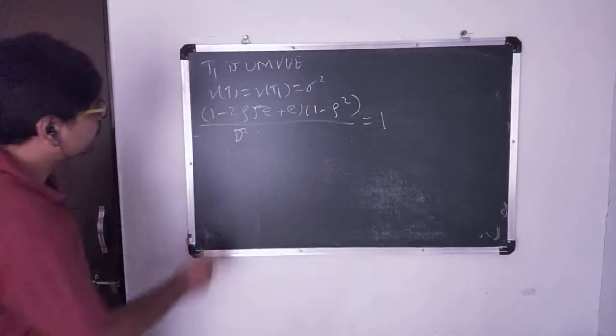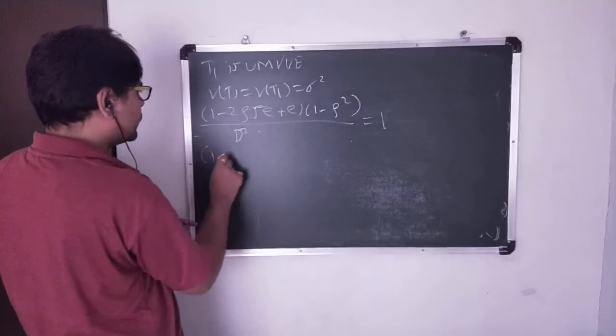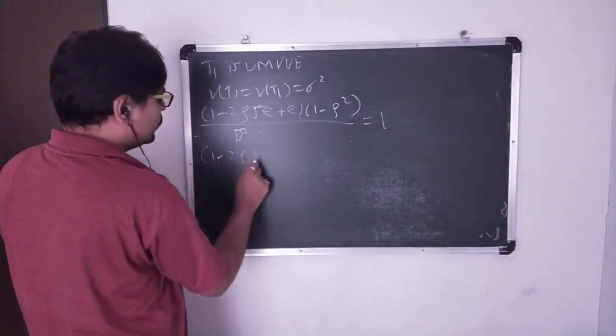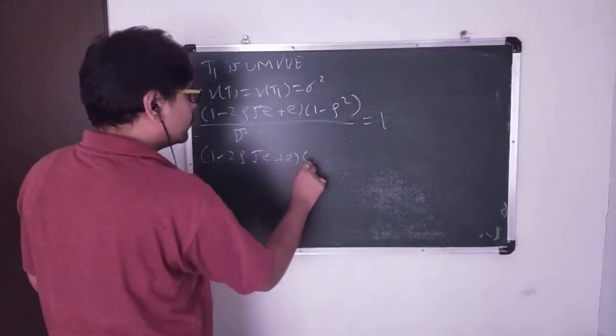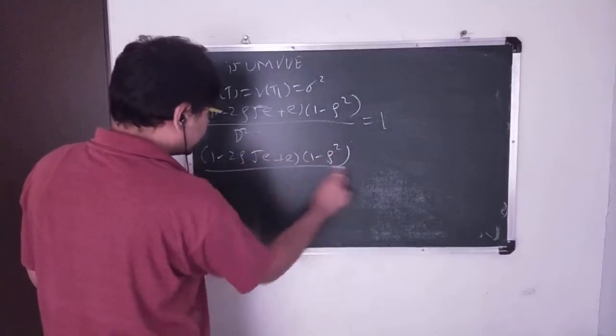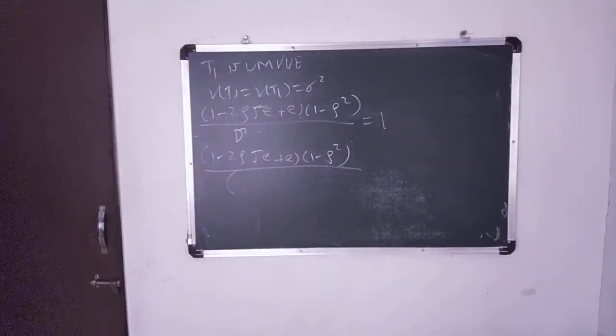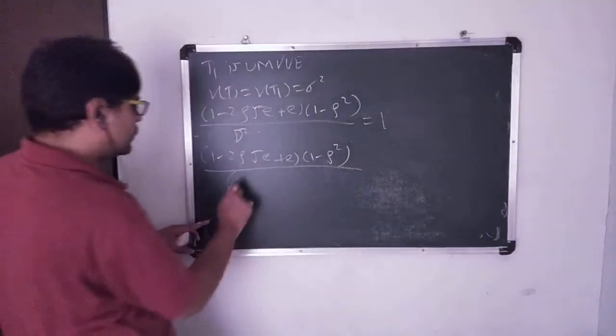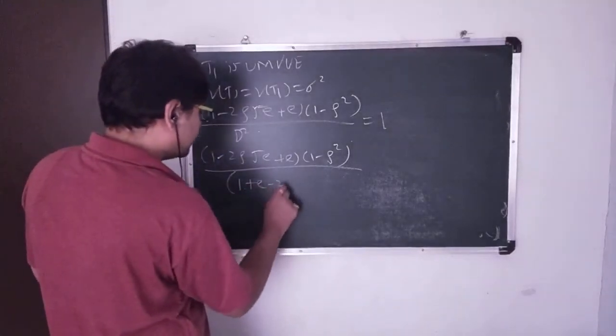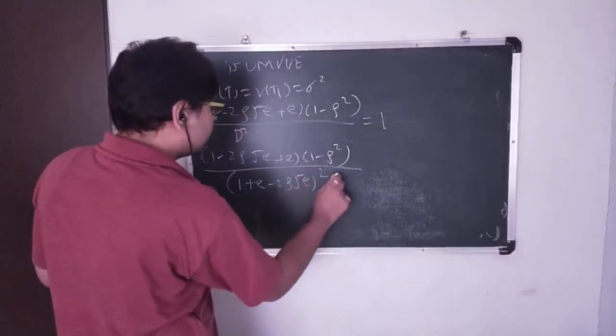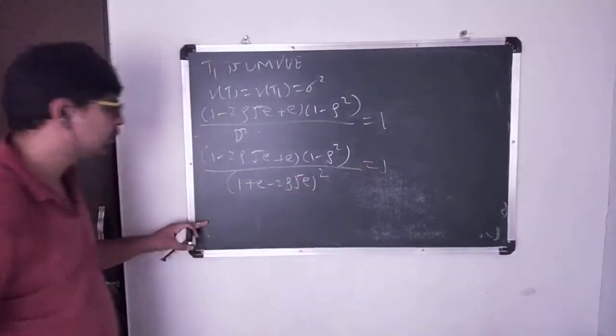So now what is the value of d? We will put it: 1 minus 2 rho root e plus e into 1 minus rho square divided by, so what is the value of d? 1 plus e minus 2 rho root e, that is the value of d. So 1 plus e minus 2 rho root e bracket square is equal to 1.